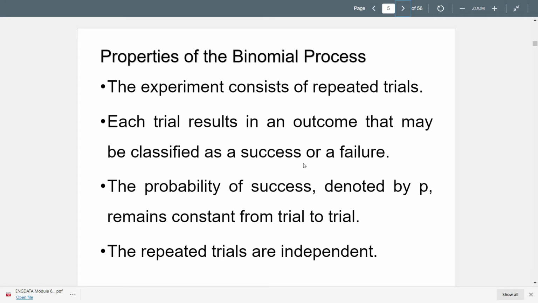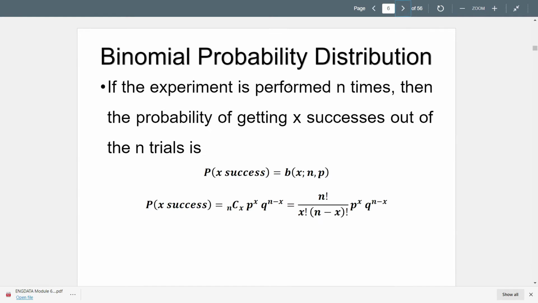Then the probability of success, denoted by p, remains constant from trial to trial. So the repeated trials are independent. Then the experiment is performed n number of times, and the probability of getting x successes out of the n trials is given as you can see here.